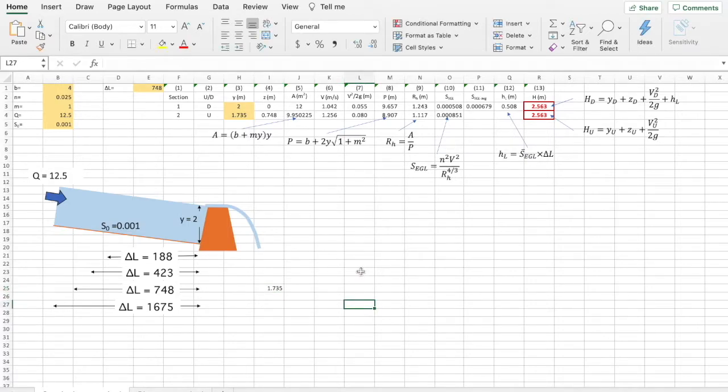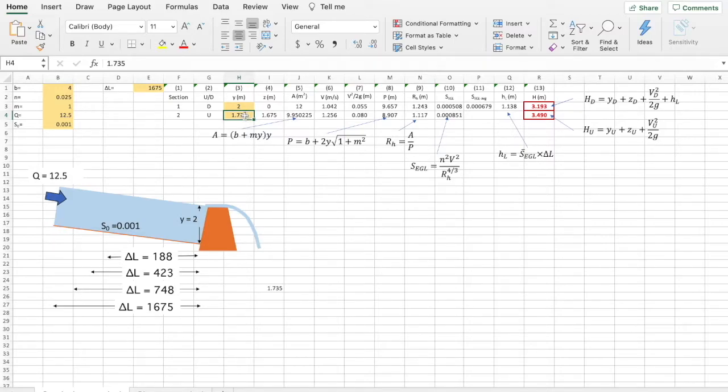And then we need to find the water depth at the other diversion point. Now delta L should be equal to 1,675 meters. We can see the total energy head at the downstream is different from the total energy head at the upstream, so we still need to guess the water depth at section 2.